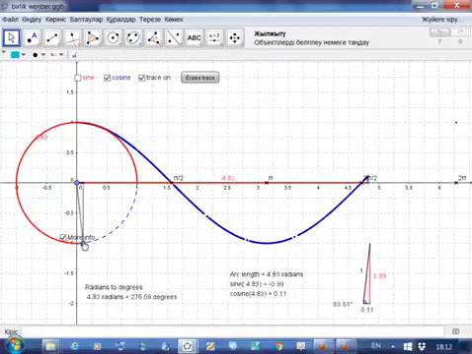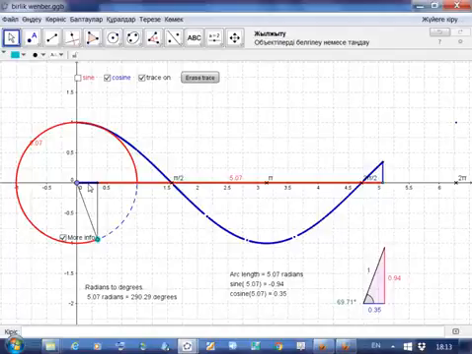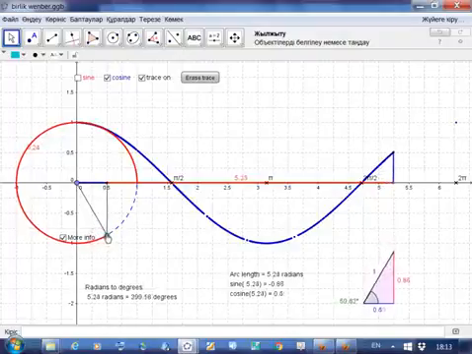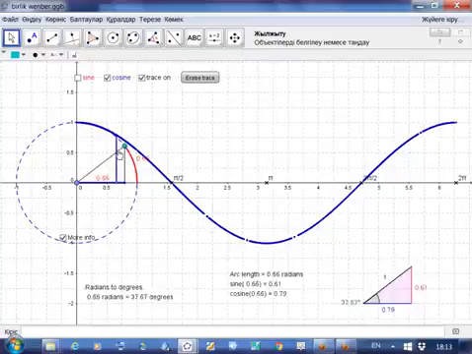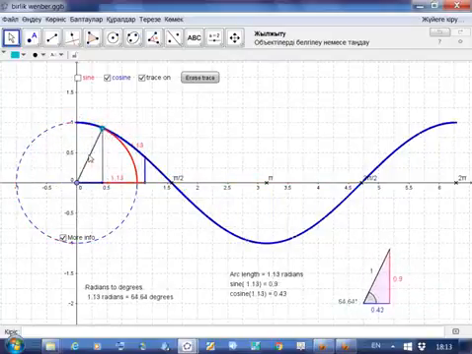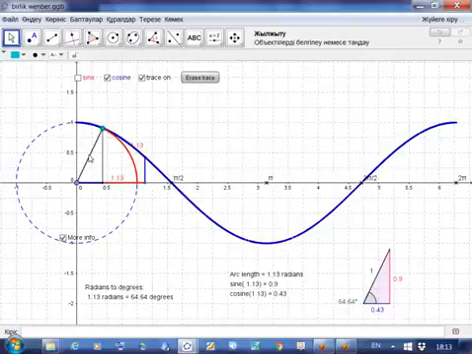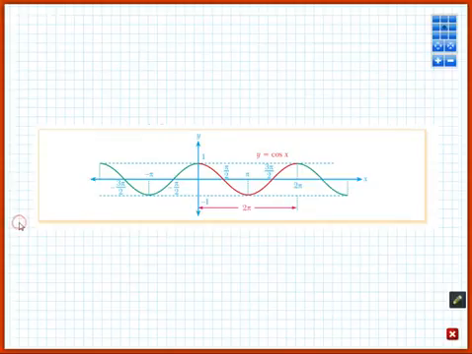After 3 pi over 2, as you see here, this is increasing in positive direction. That means cosine is positive. It's also above the x-axis, it's positive. As you see here, this is the graph of the cosine function.